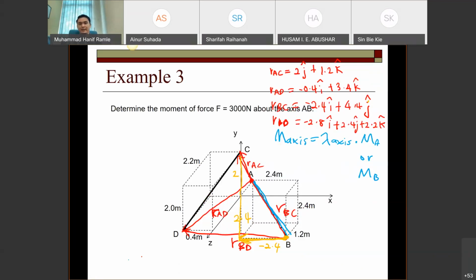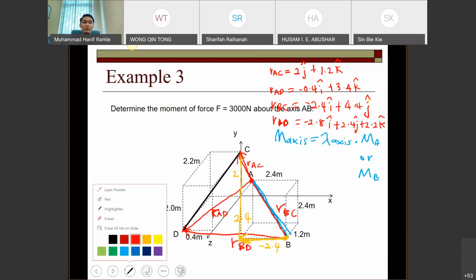RAC, RAD, RBC, RBD. So again, you have to use the simplest R. In this case, which one is the simplest one? RAC, Doctor. Yes.